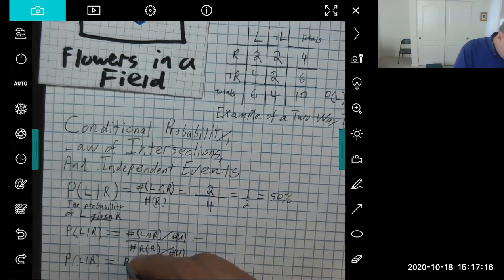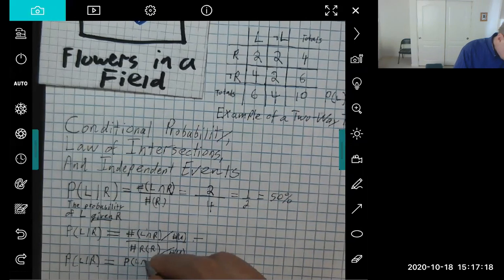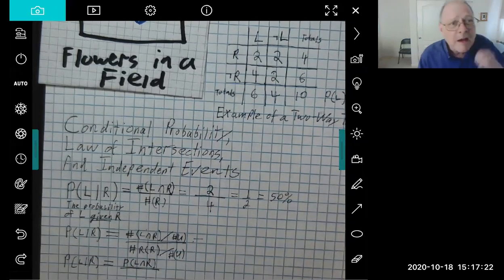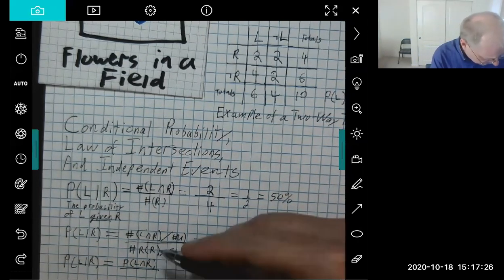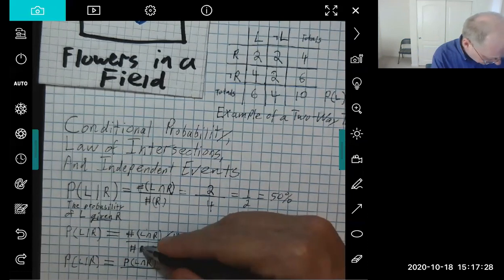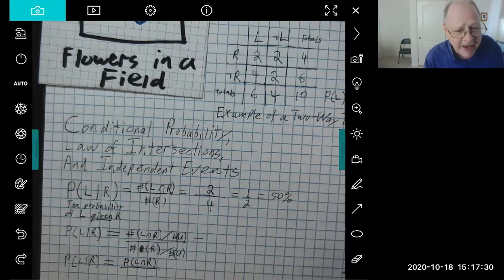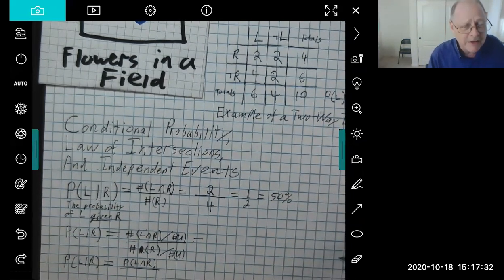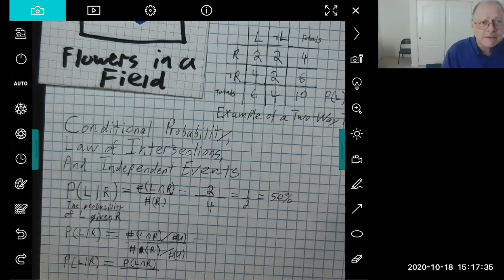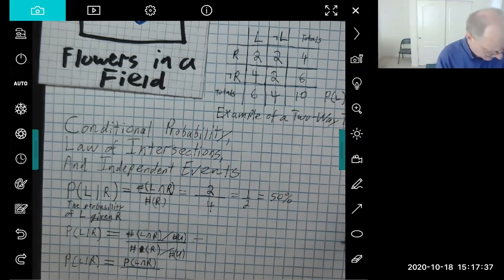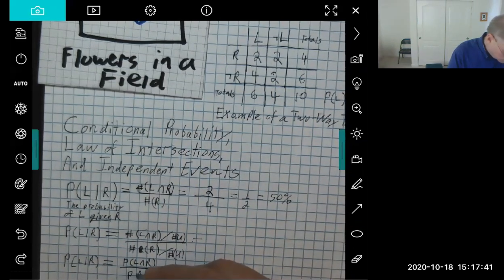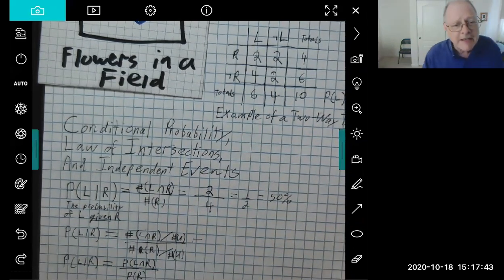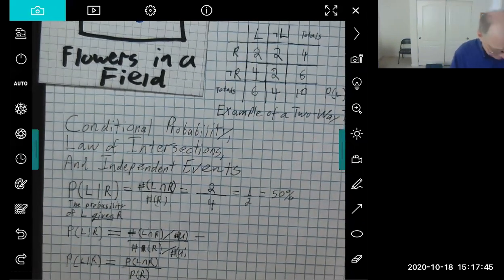That's the probability of large red. And on the bottom, I've got the number of red flowers divided by the total number of flowers, size of the universe or sample space. So that's just P of R on the bottom.